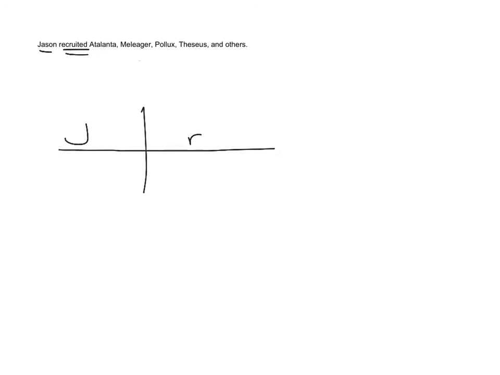Now, normally you would say Jason recruited, and then you would have Atalanta here. But that's not what we have going. What we have going is a list. Who did he recruit? 1, 2, 3, 4. Well, and actually 5, because I also have others. That means I'm going to have to split this into 1. And I'm not going to draw lots of lines like this.